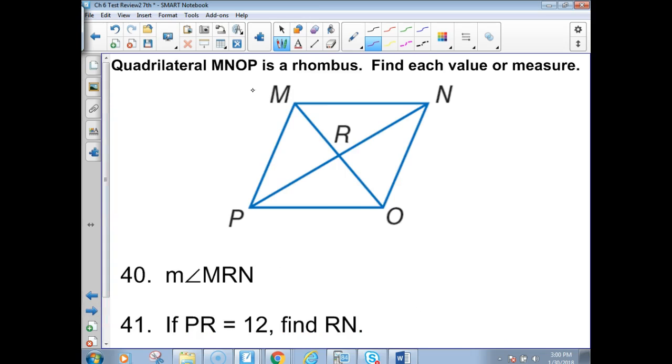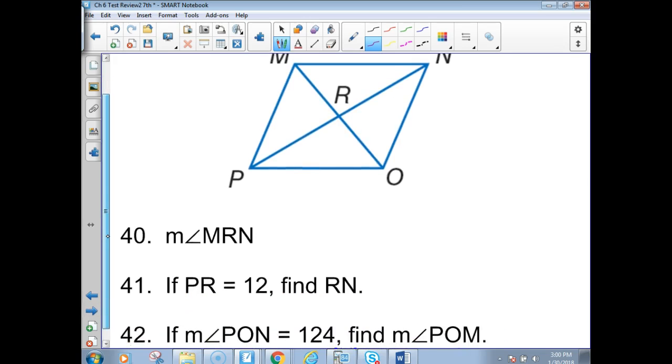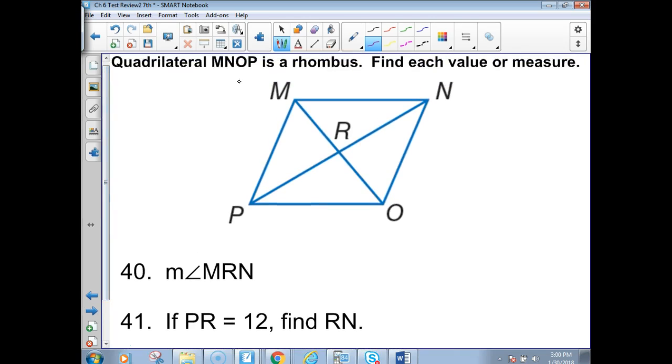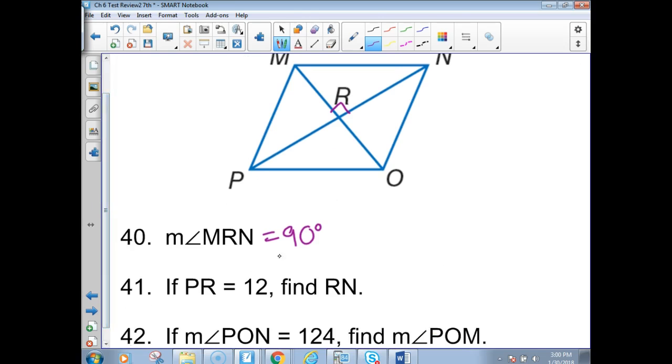All right, 40 and 41, and I think 42, yep, have to do with quadrilateral MNOP, which is a rhombus. Angle MRN. Oh, wait, where's MRN? Oh, that's here. That should be 90 because the diagonals of a rhombus are perpendicular. We need to remember that property. If PR is 12, find RN.